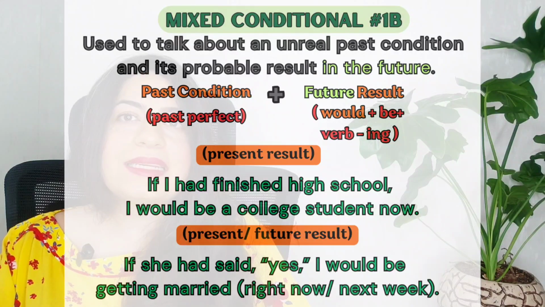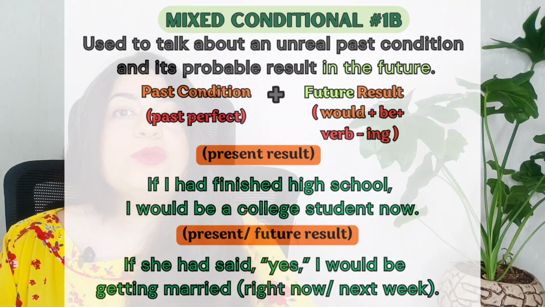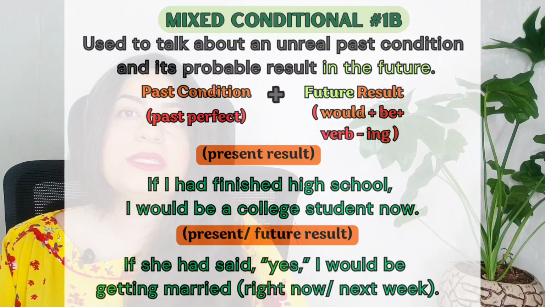The other sentence that could have a present or future result, I'm using would plus be plus the verb and ing. If she had said yes, that is my past condition. I would be getting married now. I could say I would be getting married right now to talk about this specific point in time.